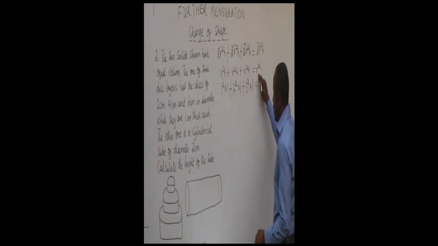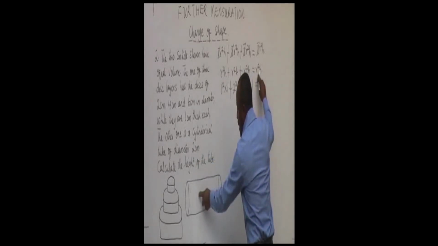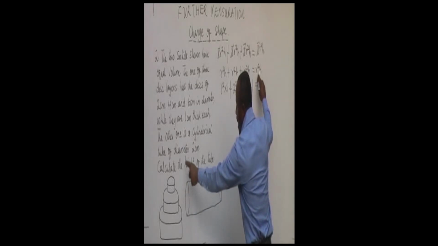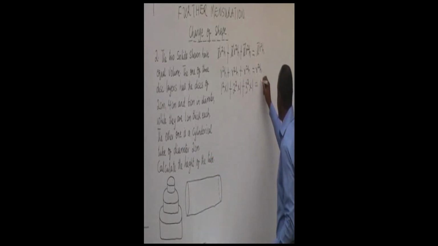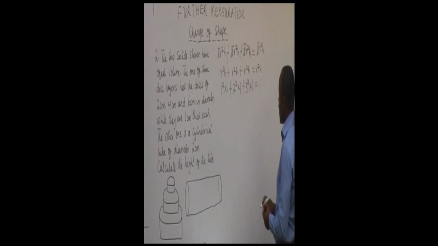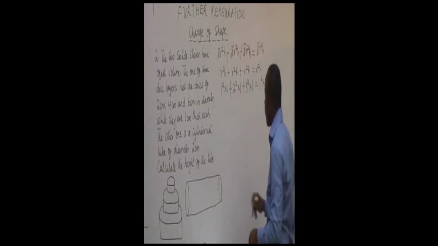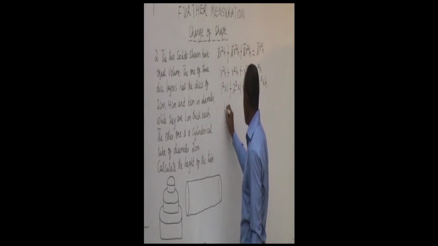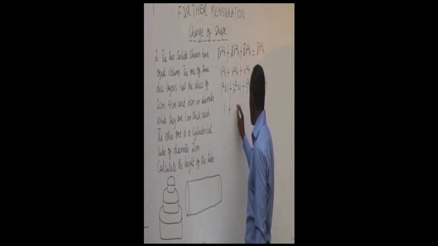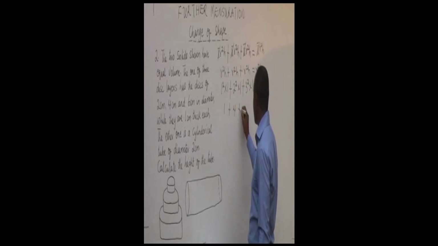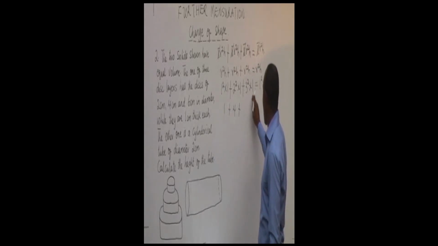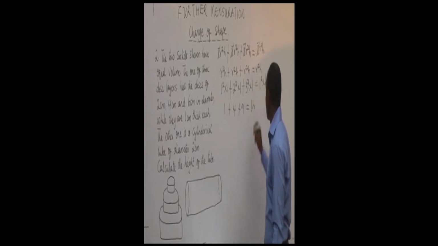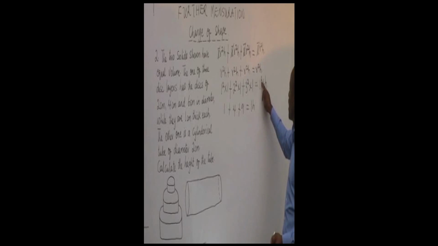This is now equal to, they said that this cylinder, which has the same volume with that, has diameter of 2 cm. That means we have 1 as its radius squared, then times height, which you are looking for. 1 squared is 1 times 1 will give you 1, plus 2 squared is 4 times 1 will give you 4, plus 3 squared is 9 times 1 will give you 9, is equal to 1h. 1 squared is 1 times h will give you 1h.